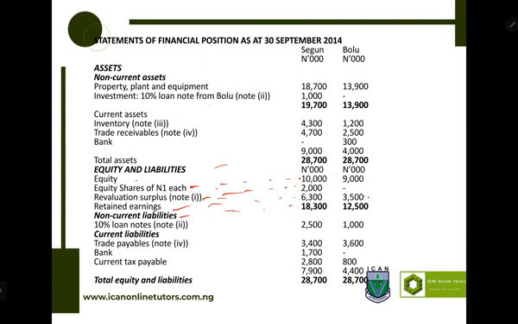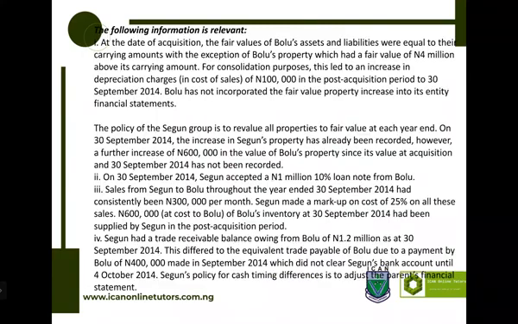Investment in Bolu, they didn't tell us. You can't use that. You go and look for the cash consideration that he paid, and we can only get that either under the note or by calculating using the numbers of shares.